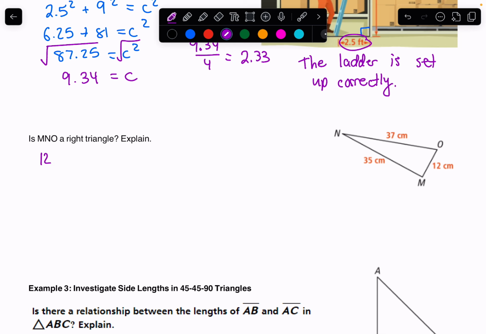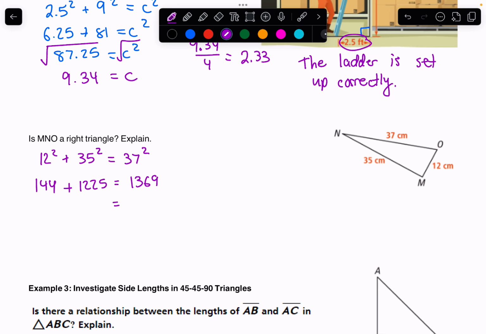Does 12 squared plus 35 squared equal 37 squared? And we're going to figure that out. We've got 144 plus 35 squared is 1,225. 37 squared is 1,369.